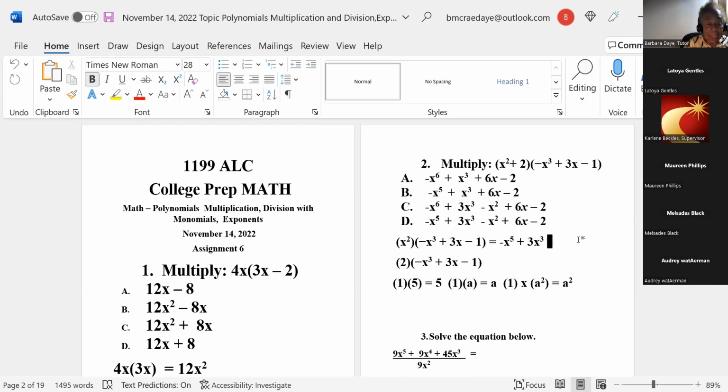Except this is a negative, because plus times minus is minus. So what goes behind my negative here? What's X to the second times 1, Audrey? It's X. X to the second times 1 is what? X to the second times 1. Yes.